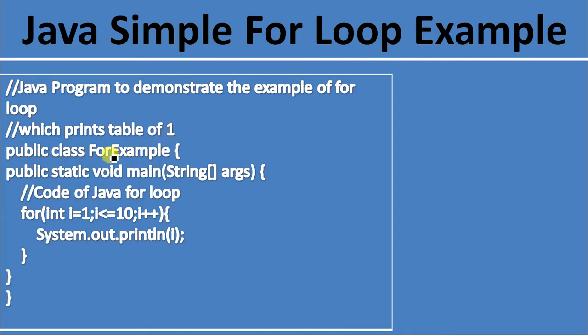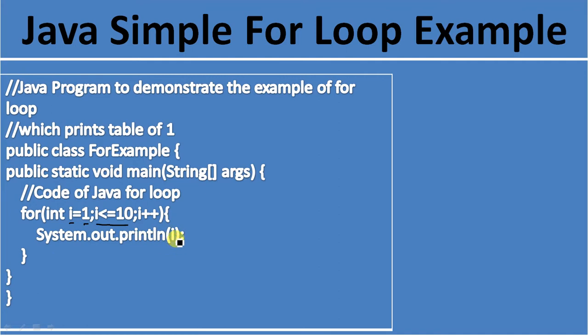We create a class with a public static void main method, and we define a for loop: for int i equal to 1. Here we are initializing the variable i with value 1. Then we check the condition i less than or equal to 10. Then i plus plus, and we print the value of i.